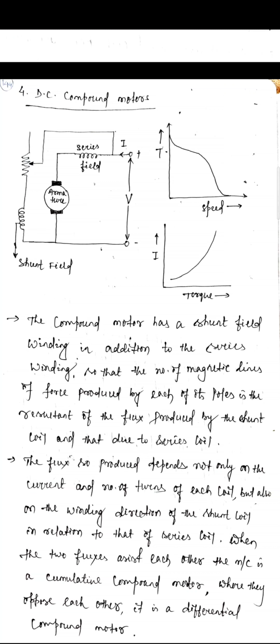When the two fluxes assist each other, the machine is a cumulative compound motor, and when they oppose each other, it is a differential compound motor. So up to this point we have covered mechanical switches, solenoids, relays, and different types of DC motors. Thank you.